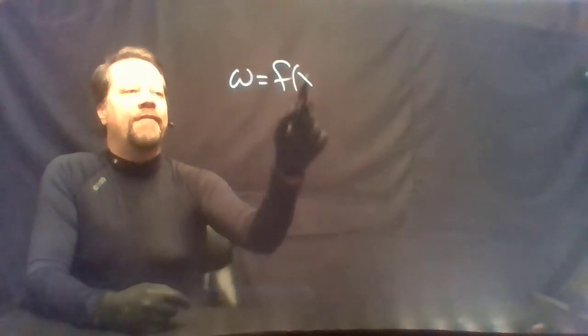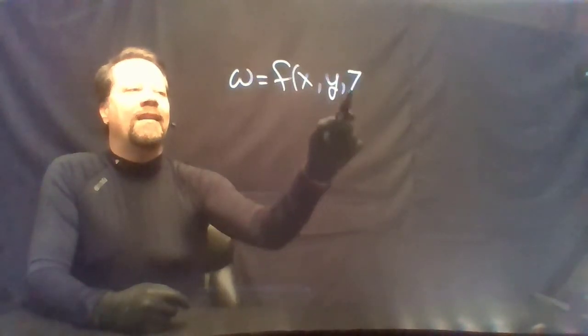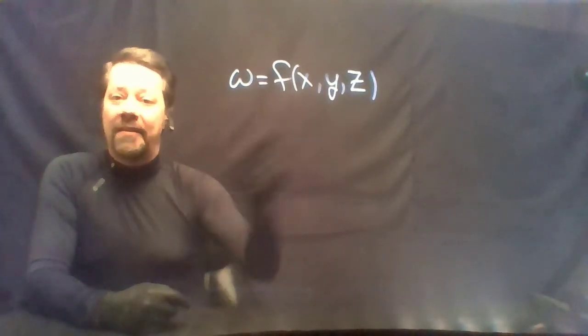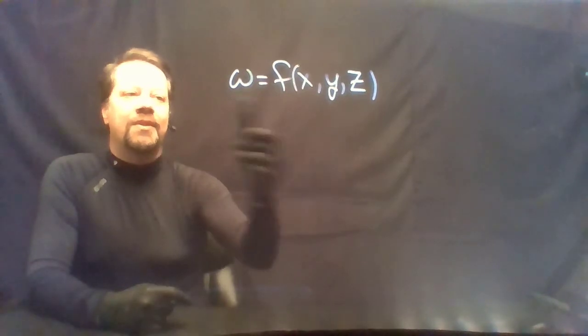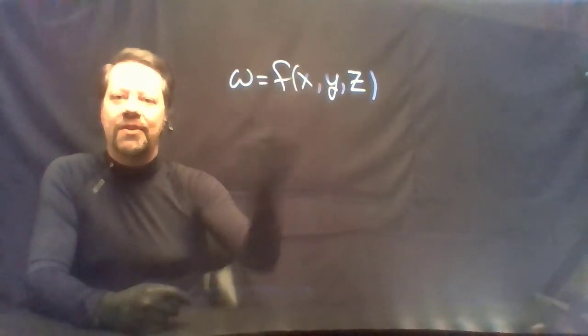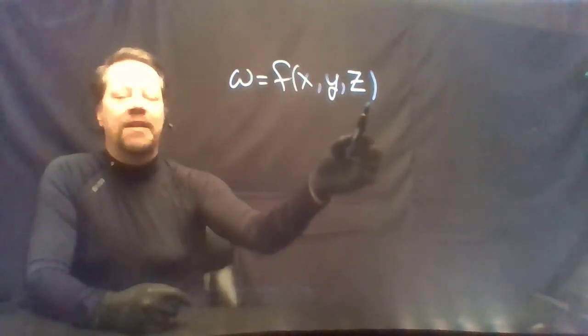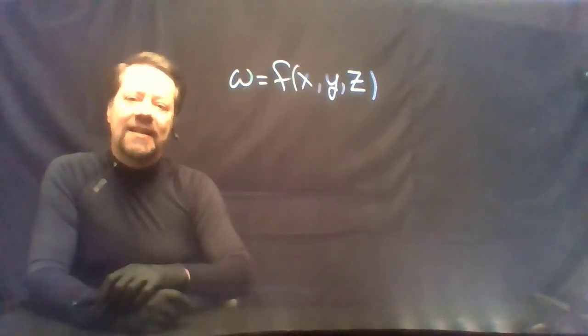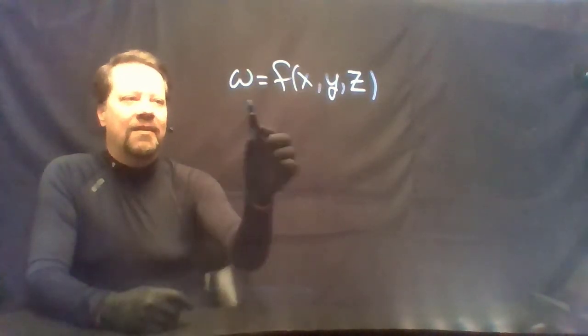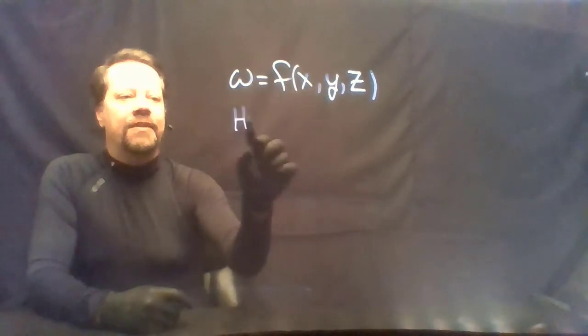If I have w equals some function of x, y, and z, then I have 3 free choices and 1 constrained choice. 3 independent variables and 1 dependent variable. We call this a hypersurface.